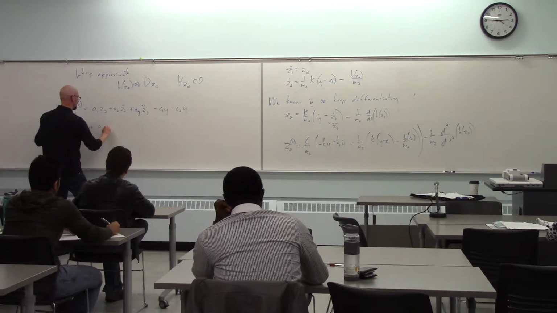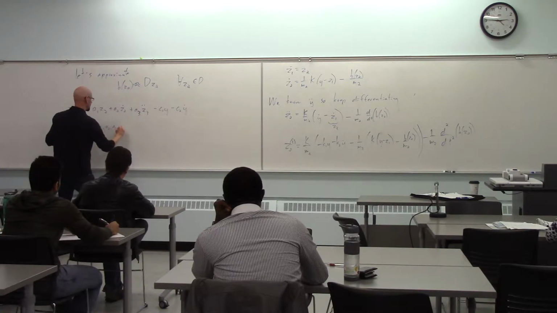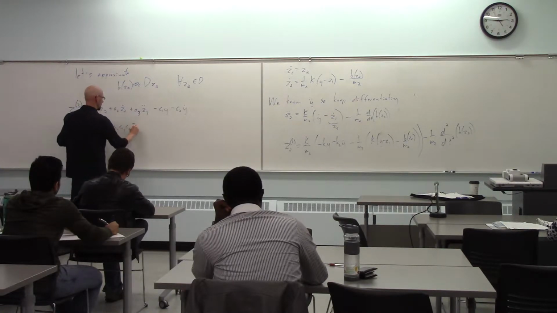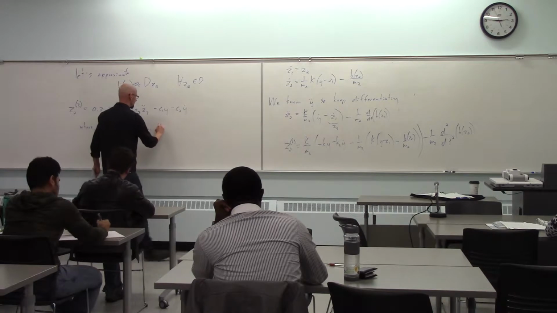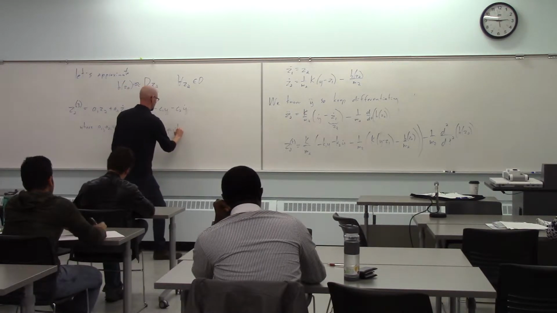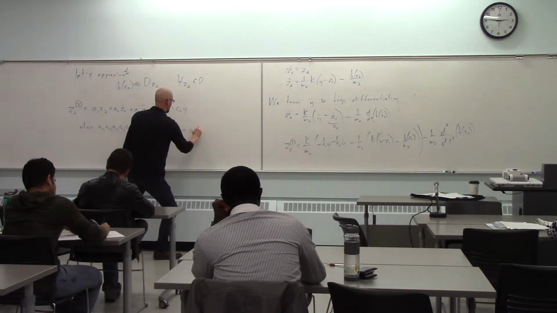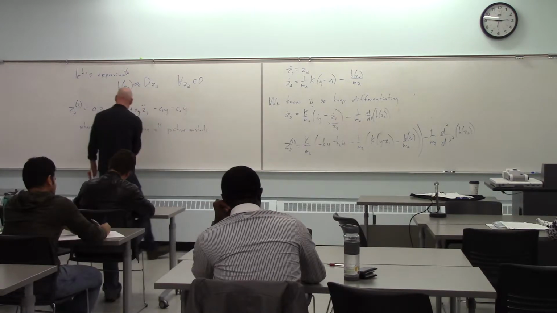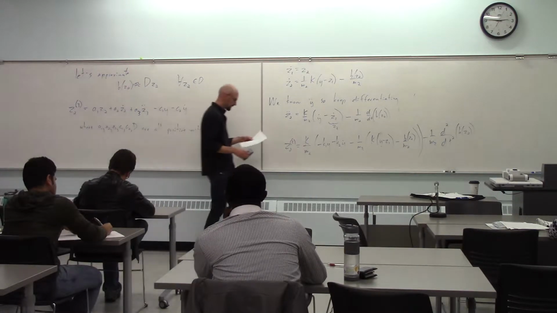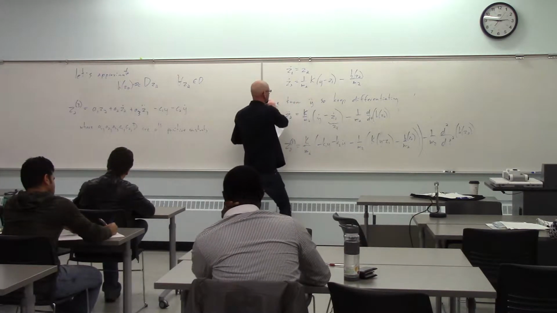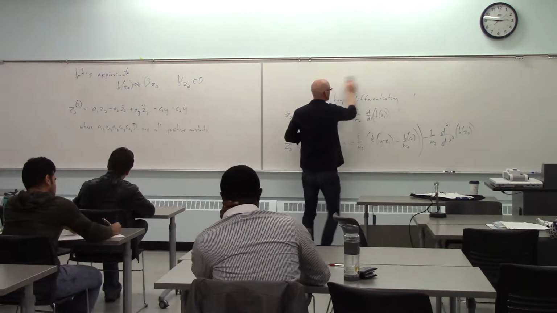So A1, A2, A3, C1, C2, and D are all positive constants. I can work them out if I need to, but it's enough for me to know that they're positive constants.